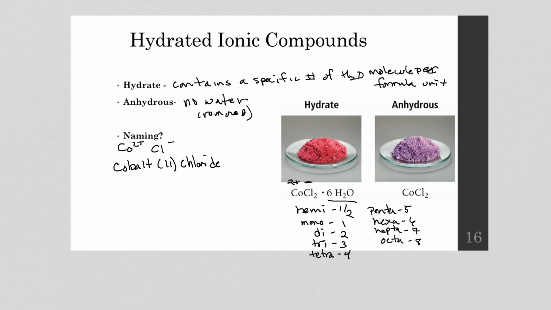And you shouldn't really go beyond that. So if we look here, we have 6, so that's hexa. So we add on here hexahydrate. So we have one part of the name, which is cobalt 2 chloride, and then space, of course, hexahydrate would be the name of this compound.